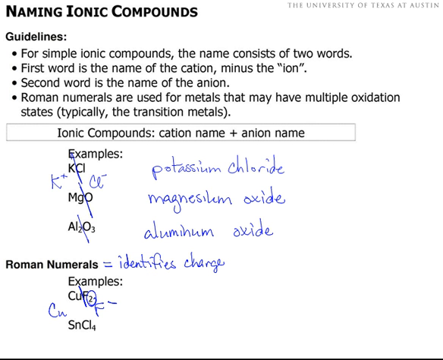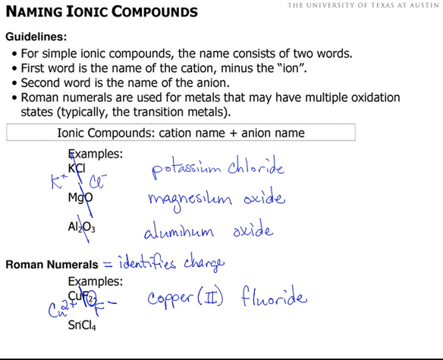We have 2 minuses, so we need 2 pluses. Copper therefore has a 2+ charge, so it's copper, no space, Roman numeral II, then a space in between the two words, fluoride with a UO.